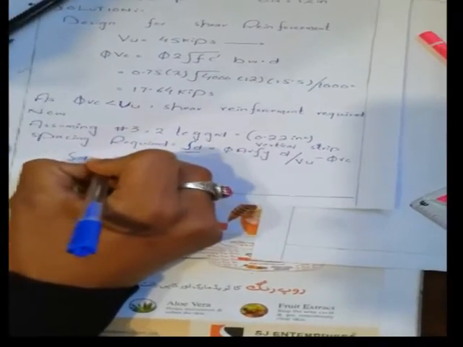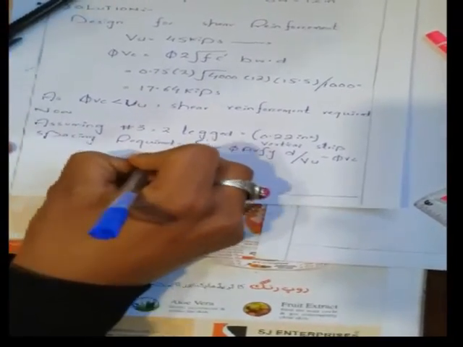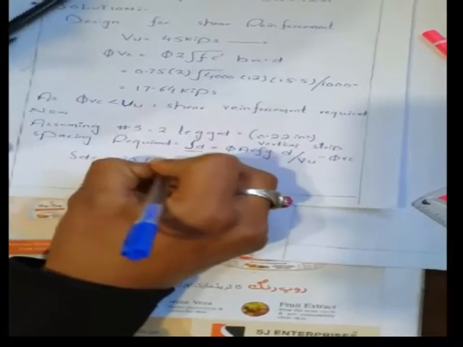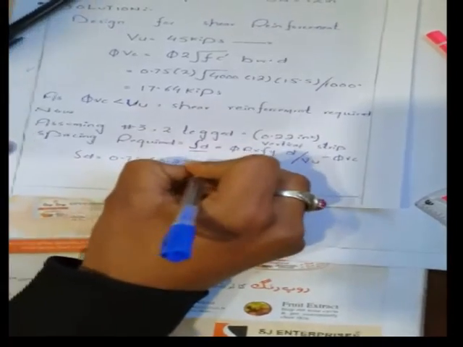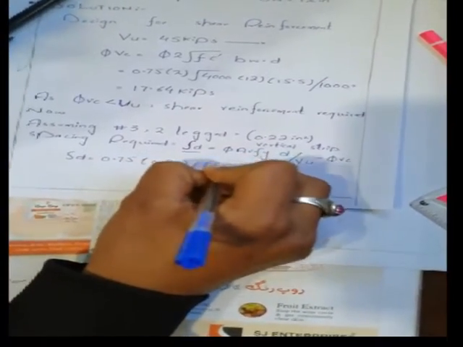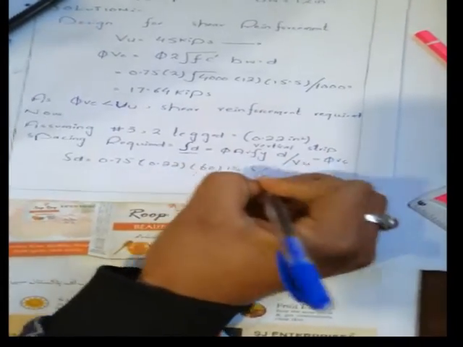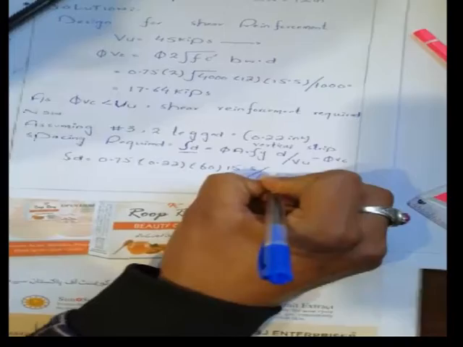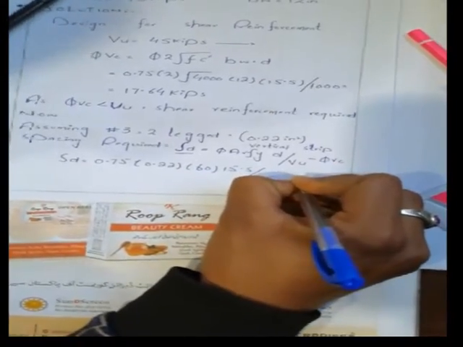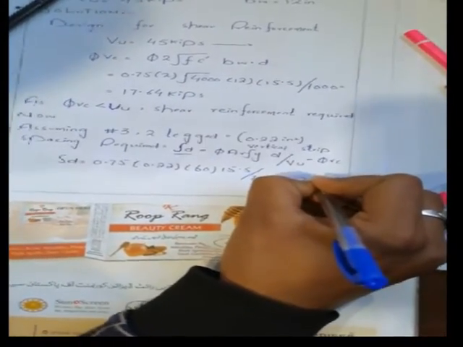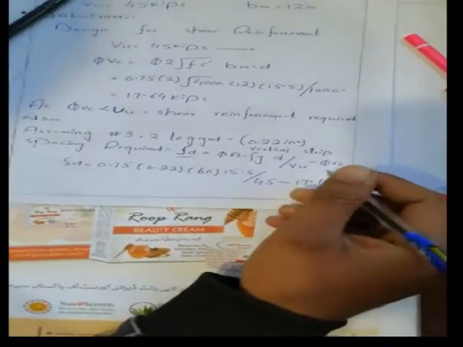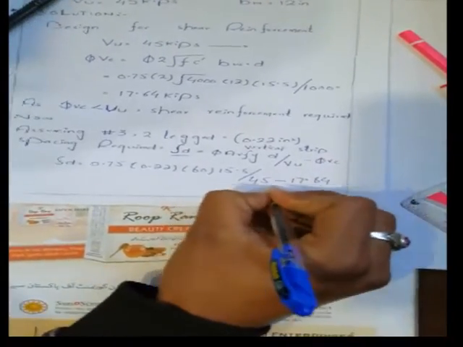So just putting the values, phi is 0.75, Av is 0.22, fy is equal to 60, and d is 15.5 divided by 45, which is the ultimate shear, minus 17.64.